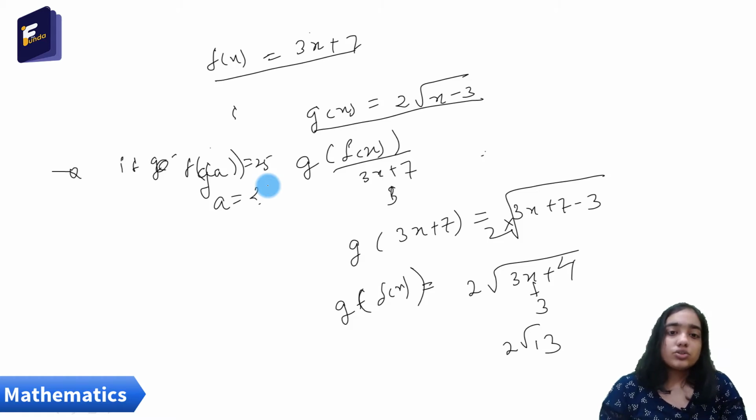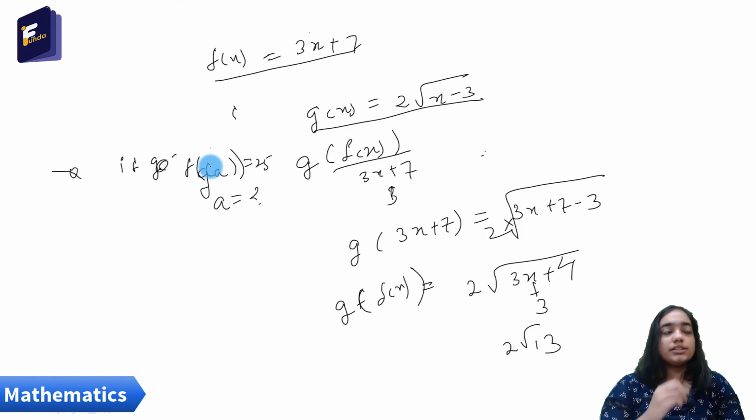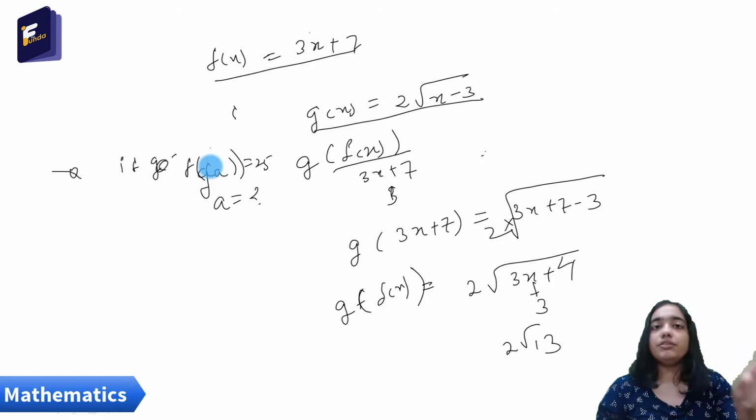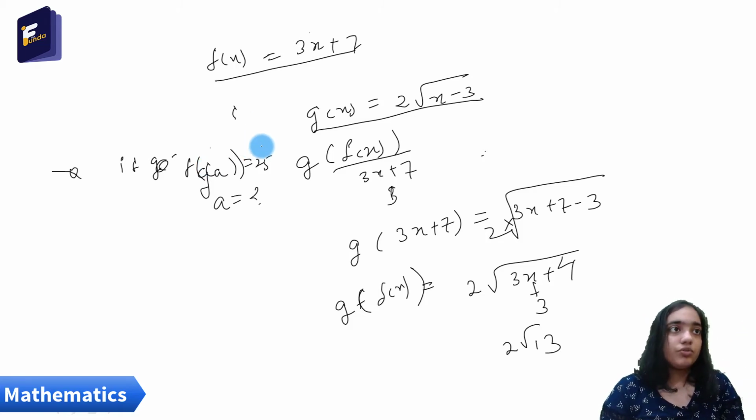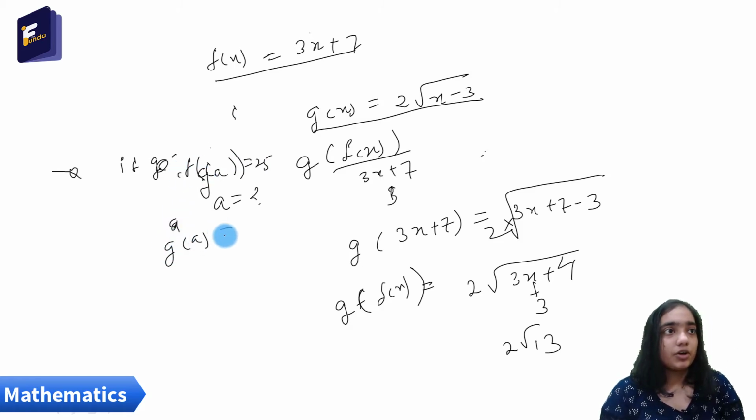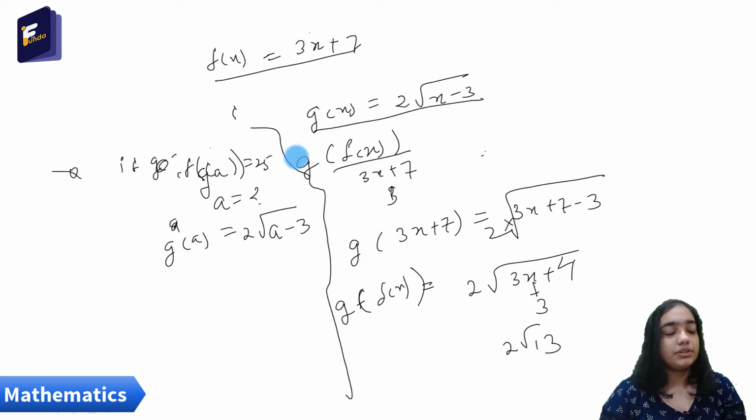So we know that when I first see the question, it is to find f of g of a, so first we have to find what is g of a. We already know that g of a equals 2 root a minus 3. This is actually the continuation of the same question, so I'm doing it in the same way.